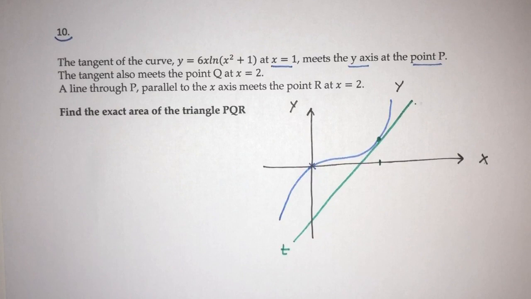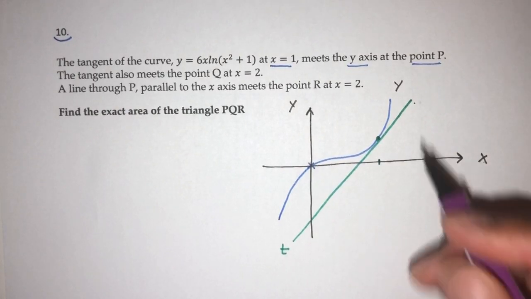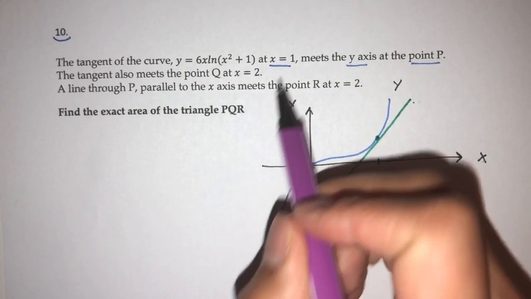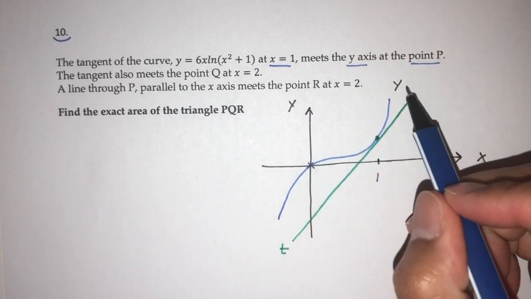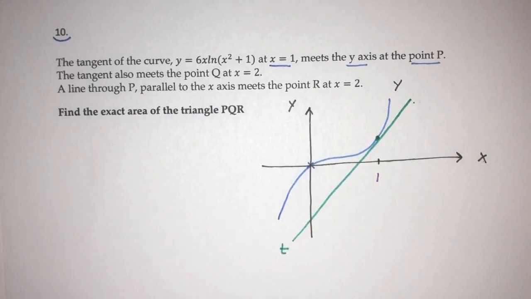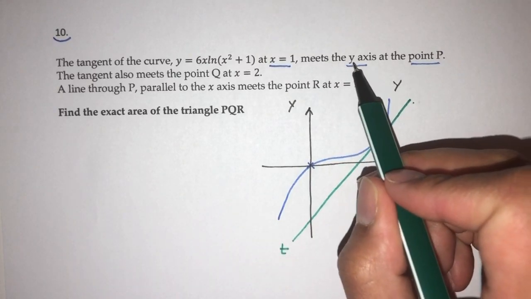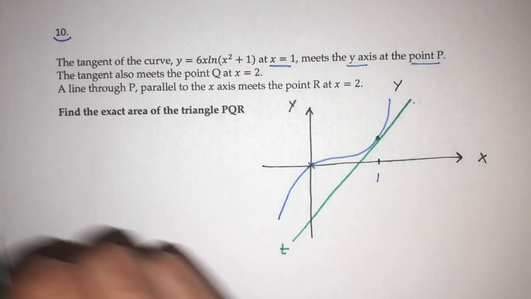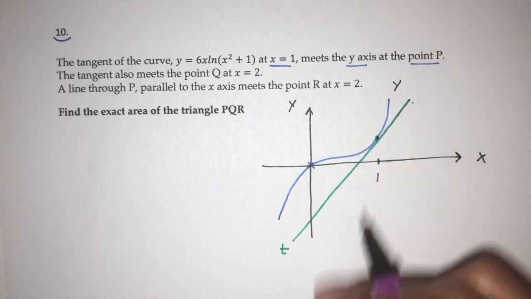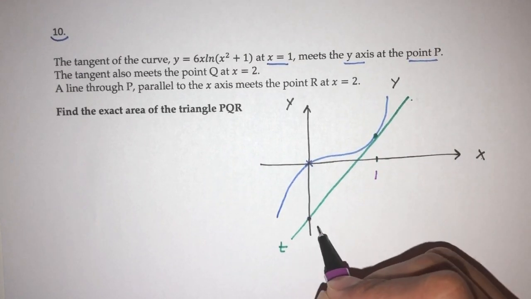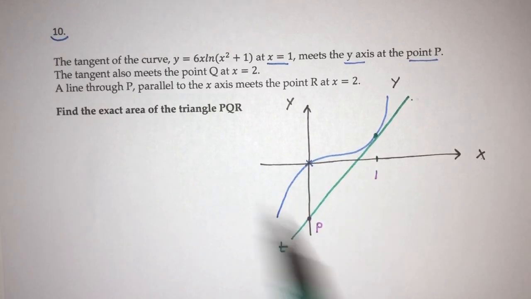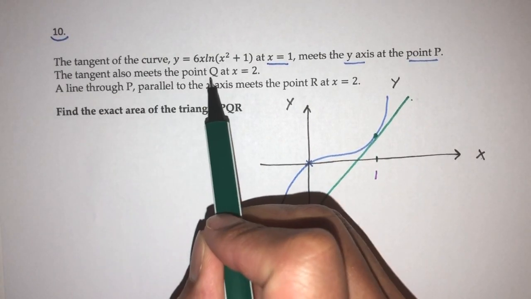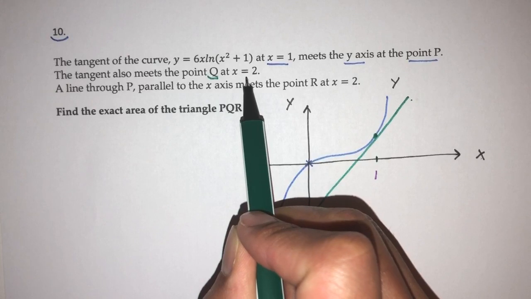So now what else do we need to know? This is the point 1, x equal to 1, and I have my equation of y given to me as well. Now, see that we have this tangent meeting the y-axis at the point P. So where this tangent meets the y-axis, that will be the point P. Also, the tangent meets the point Q at x equal to 2.